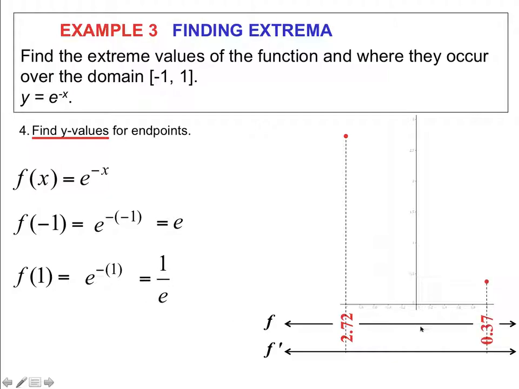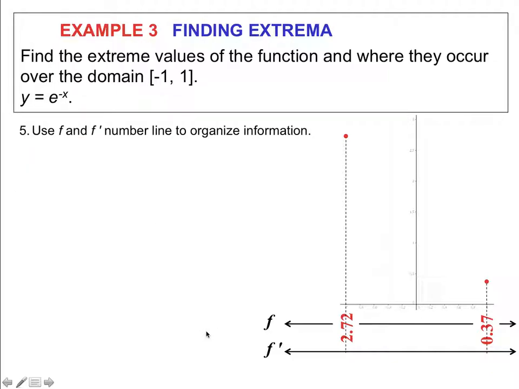And 1 over e is about 0.37. So the left part of our domain, we're up here at 2.72. The right part of our domain, we're at 0.37. And since we have no hills, valleys, cusps, and corners, we have to just have a gentle sloping function from the left point to the right point.